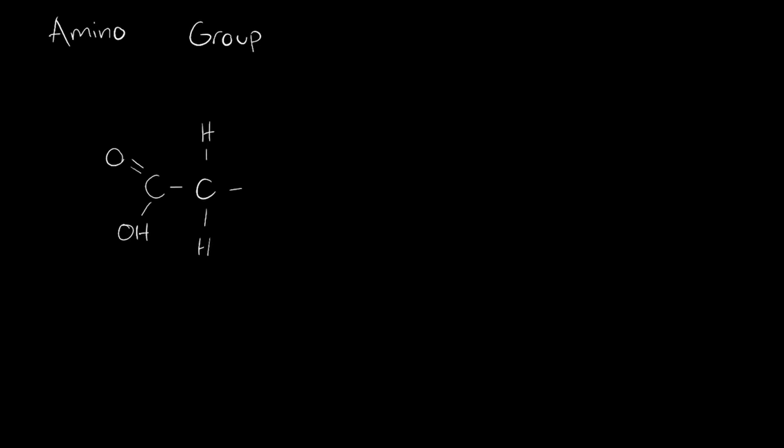Now we're going to talk about an amino group. Amino groups are written as NH2, and they are composed of a nitrogen bonded to 2 hydrogens like so. The function of an amino group is also going to be discussed more later, but it acts as a base, NH2, and therefore can pick up hydrogen ions from the surrounding water and form a bond with them.